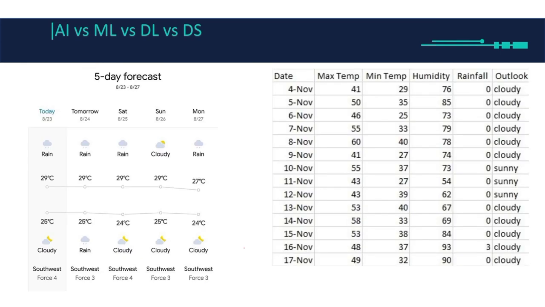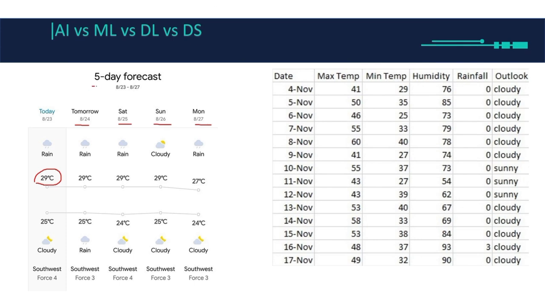Okay, let's take a real example. I'm pretty sure most of you have a smartphone. I mean, some of you are probably watching this course on a smartphone. And on a smartphone, we have something called the weather widget, which basically gives me the temperature for today, and for some reason, I don't know how, it also gives me tomorrow, Saturday, Sunday, and Monday, which means it's giving me the temperature for a 5-day forecast.